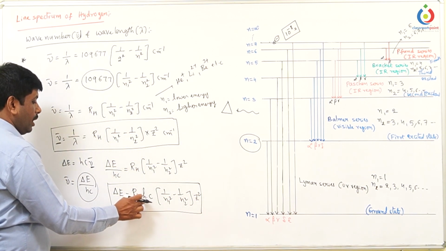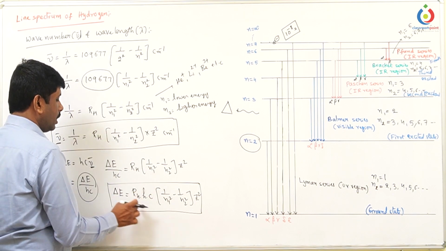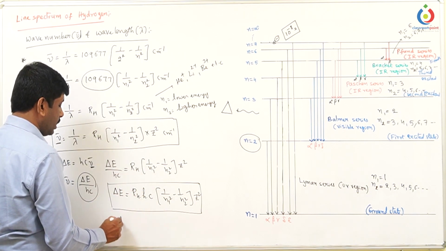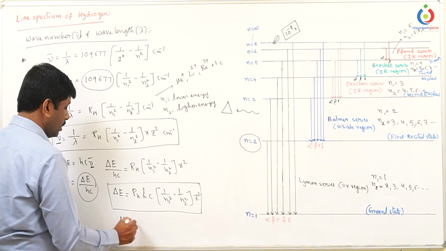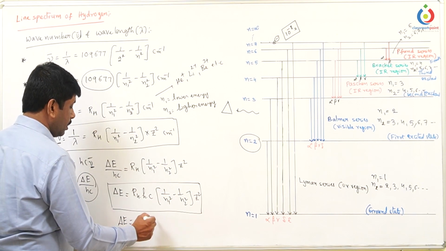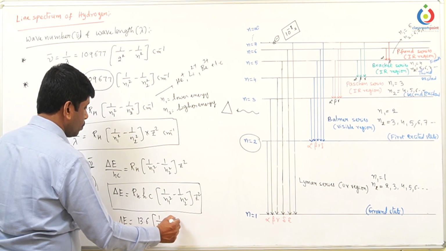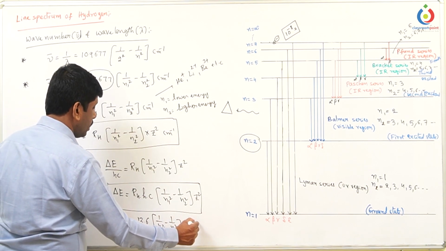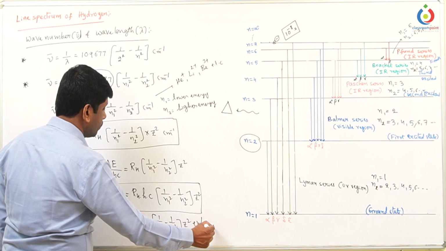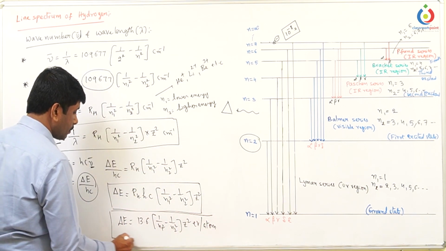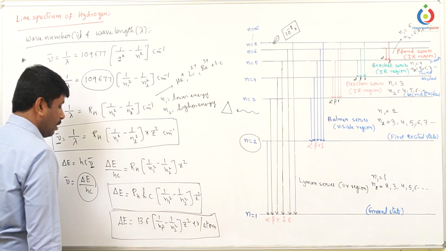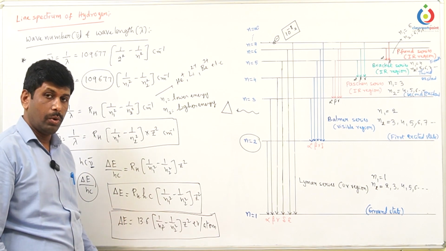The H value, C value and R value are constants. By taking all these constants, we can get the delta E value as 13.6 into 1 upon N1 square minus 1 upon N2 square into Z square electron volt per atom. By multiplying all these values, we get electron volt per atom.